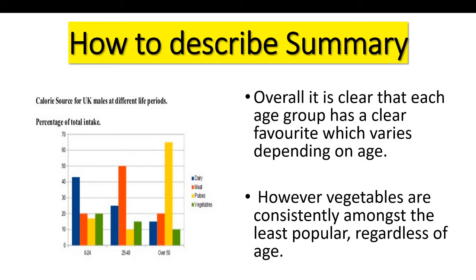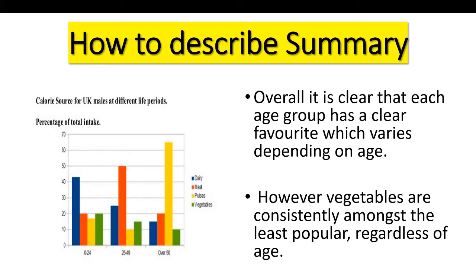So how to describe summary? It is very necessary for you to understand how to describe summary as well. To describe summary, it is very necessary to emphasize the beginning and ending of the graph. Overall it is clear that each age group has a clear favorite which varies depending on age.